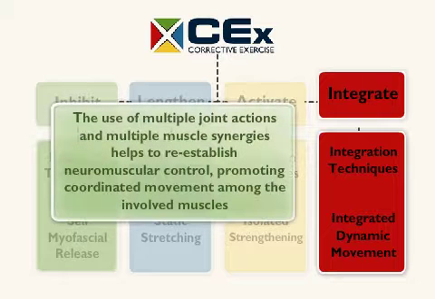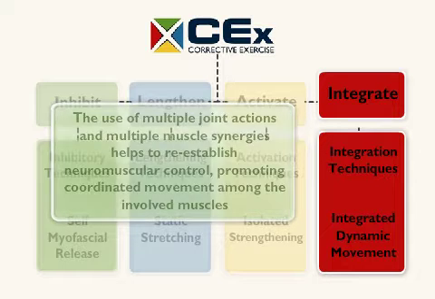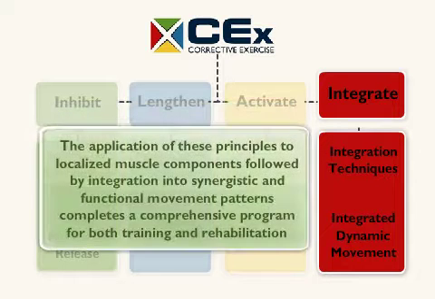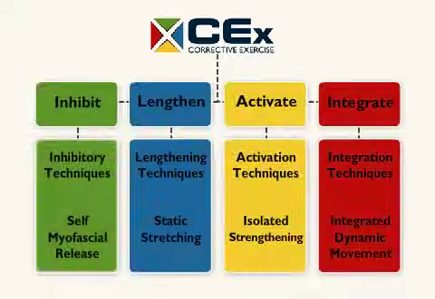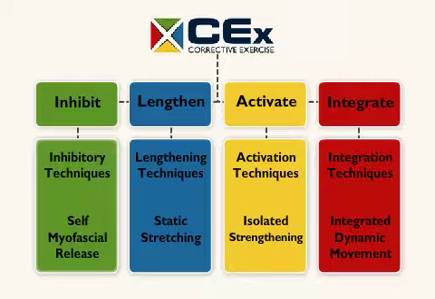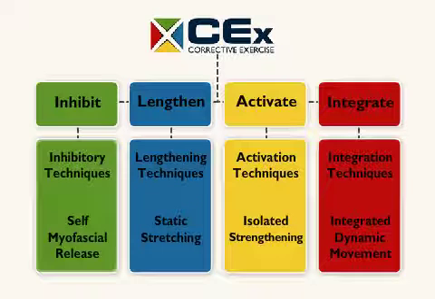The use of multiple joint actions and multiple muscle synergies helps to re-establish neuromuscular control, promoting coordinated movement among the involved muscles. The application of these principles to localized muscle components, followed by integration into synergistic and functional movement patterns, completes a comprehensive program for both training and rehabilitation. Please refer to the exercise video library for examples of isolated strengthening and integrated dynamic movement exercises.